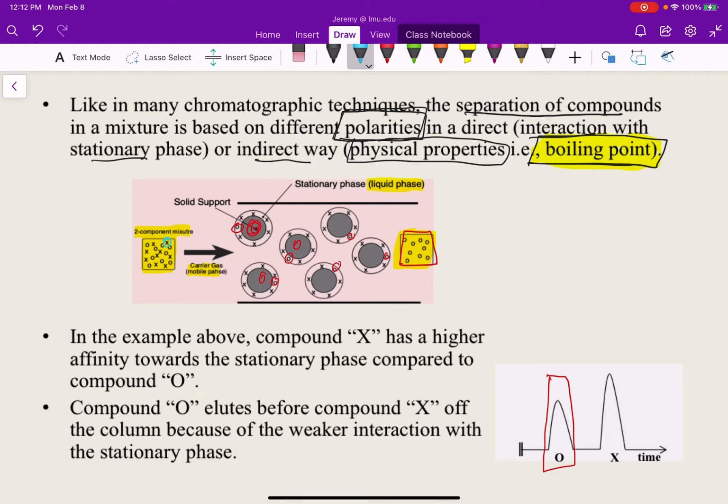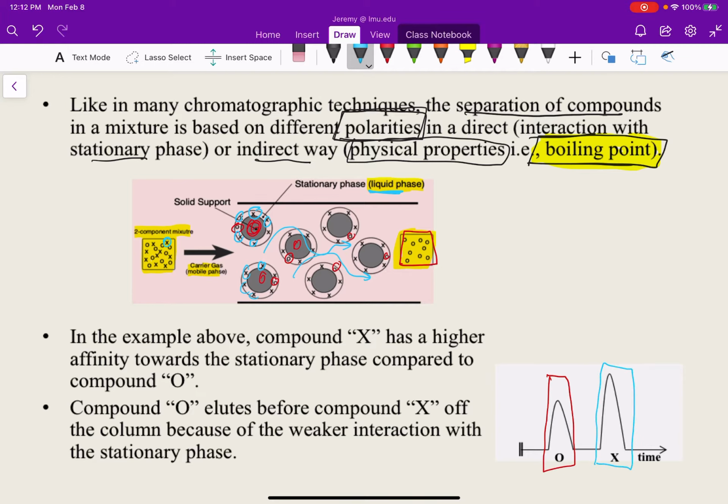Our compound X has a higher boiling point, so that is existing more in the liquid phase, and that's allowing that X to interact with our stationary phase more, slowing the movement down. So that is not going to move through the stationary phase as fast, which means our compound X will come out second.